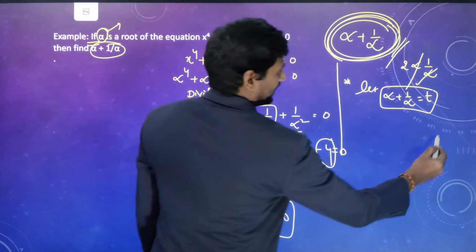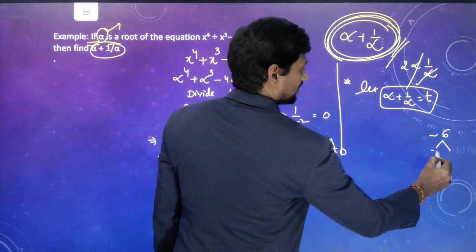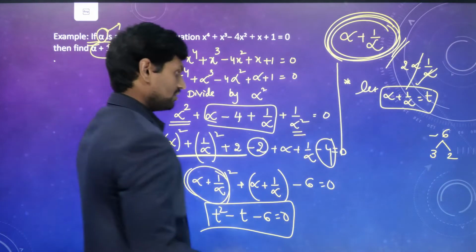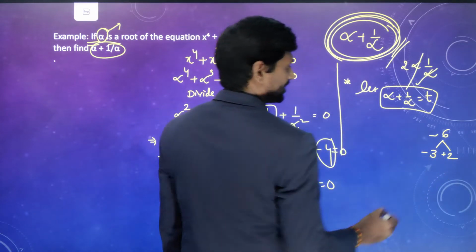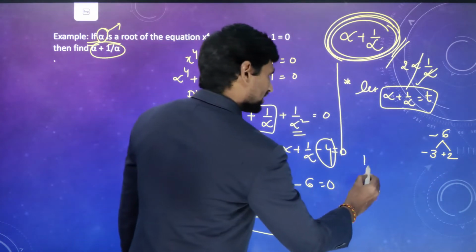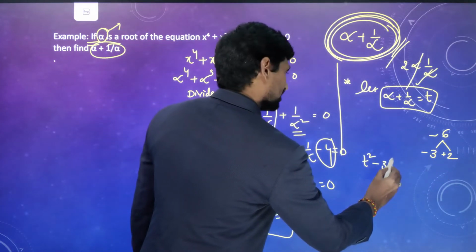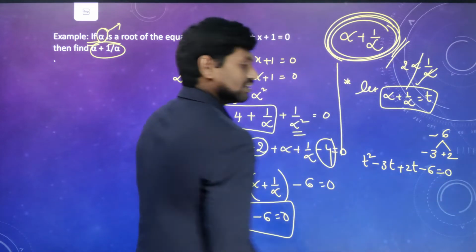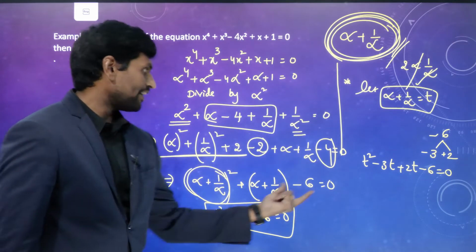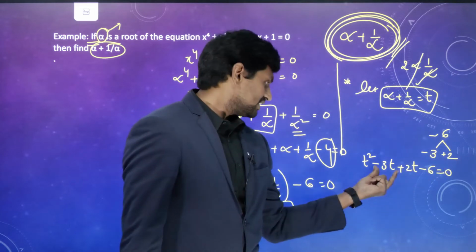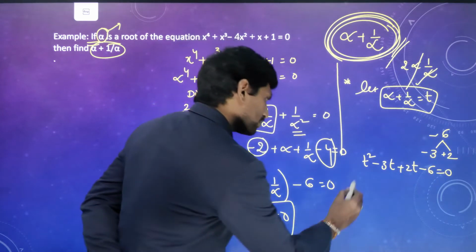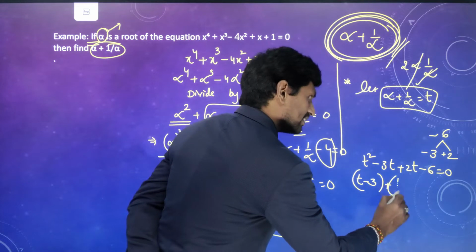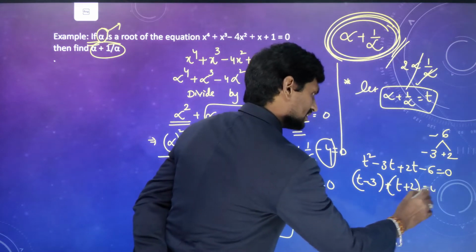So from this minus 6 we can express 3 2s are 6, but we should get minus t now. So minus 3 plus 2. So this I can express as t square minus 3t plus 2t minus 6 equal to 0. That means minus t only I have expressed by using the factors 3t and 2t. First two terms t minus 3 common, next t plus 2 common.